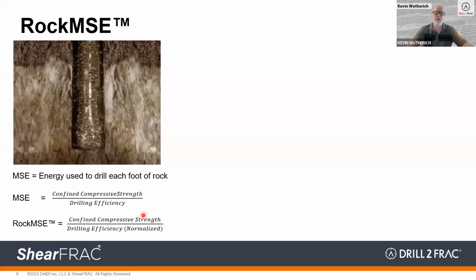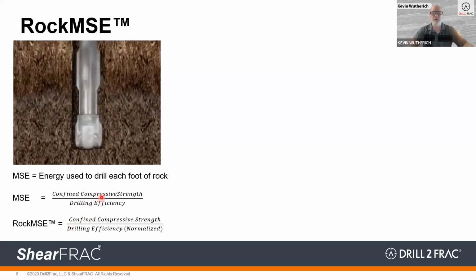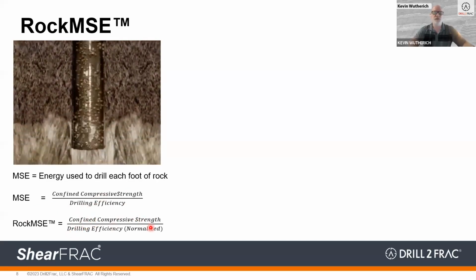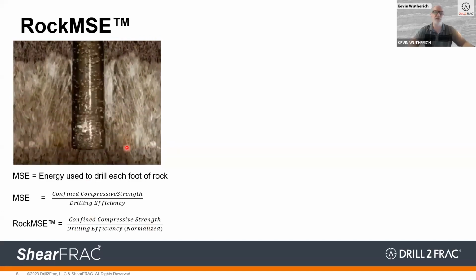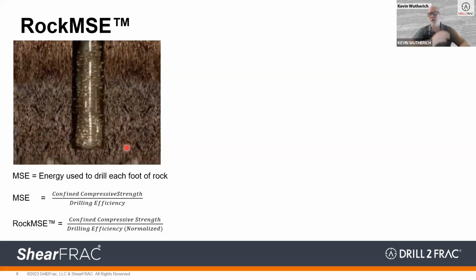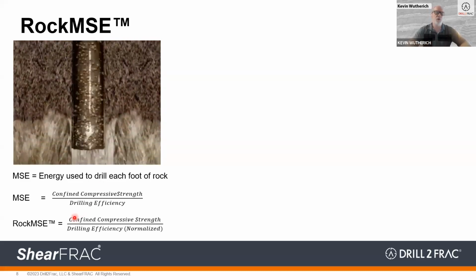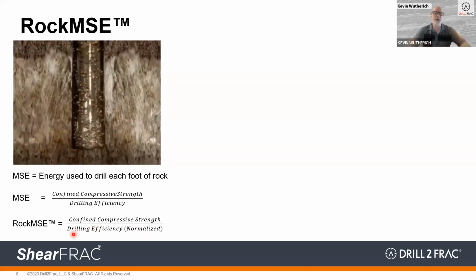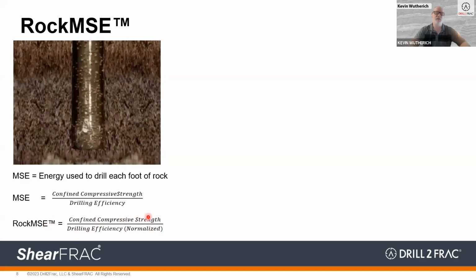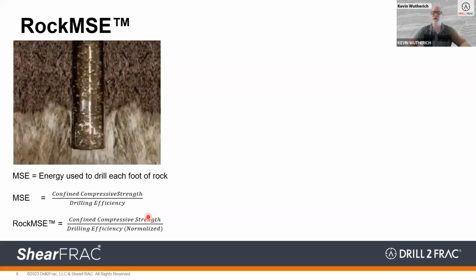Well, what we as a company do is flip that around and say, if we can predict what the drilling efficiency changes are going to be based on looking at the drilling data, understanding what's happening both on surface and downhole, we can normalize that out. And if we can get that to a unit number, then rock MSE is now proportional to the confined compressive strength of the rock.